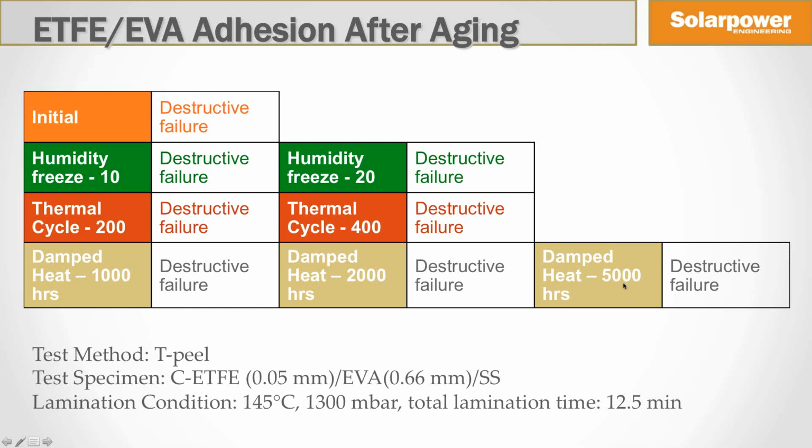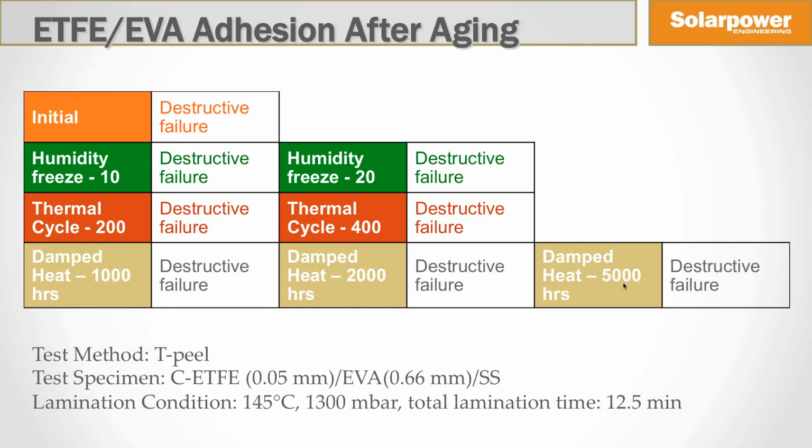For all the instances, what we have seen is that all the samples had destructive failures, which was due to the breakage of the film itself, and there is no delamination seen at the interface of ETFE and EVA.